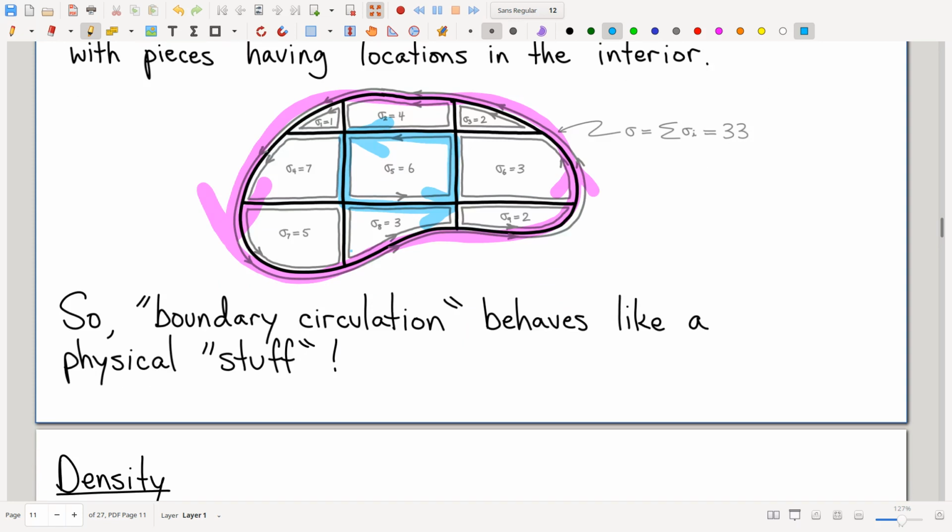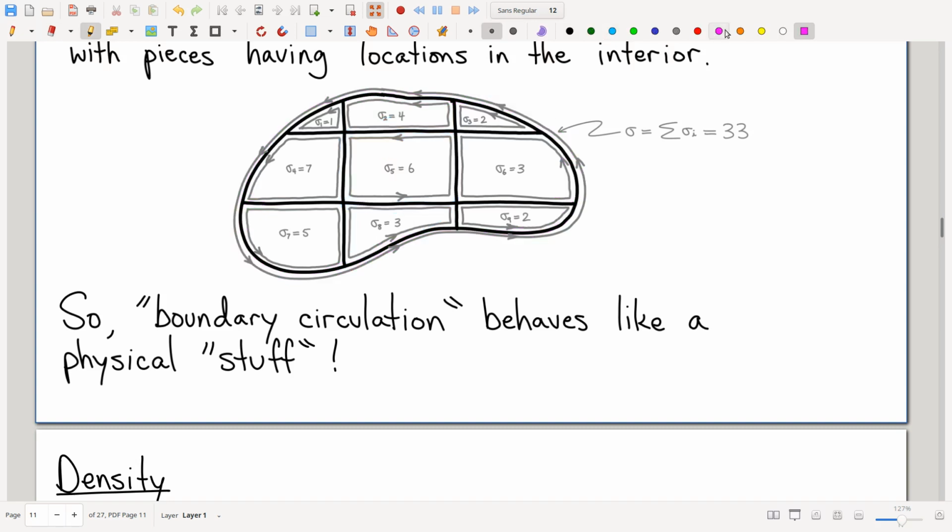This boundary circulation on the outside is measured entirely out here. It's not even measured over here. What would I mean by saying that some of this circulation is in this circulation? It seems to be just a disconnect, right? But keep in mind, these are quantities that are defined for pieces of area, right?